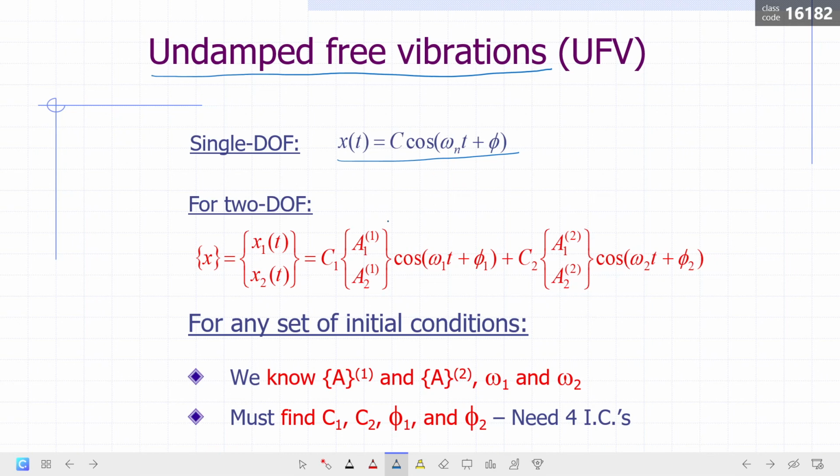Because we have two different omegas, we can have the solution in this form: the sum of the solution with omega 1 and the solution with omega 2.